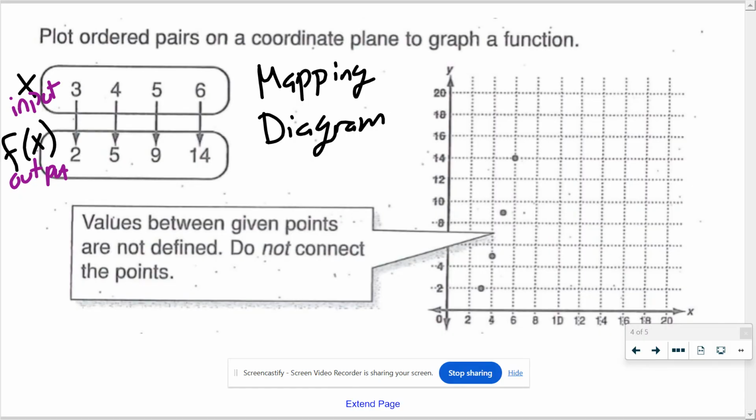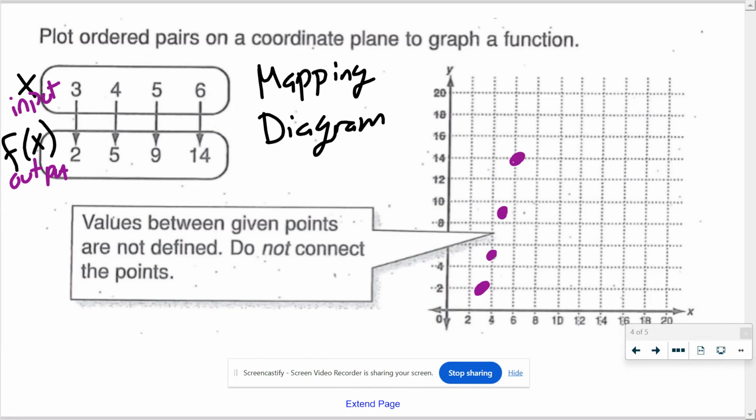What this is telling us is that 3 as our input turns into 2 as our output, and you'll see that there's a point (3, 2) plotted on our coordinate plane. Likewise, 4 is our input and 5 is our output, so (4, 5) would be plotted. Likewise, 5 goes to 9, and 6 goes to 14, and those would be plotted too.